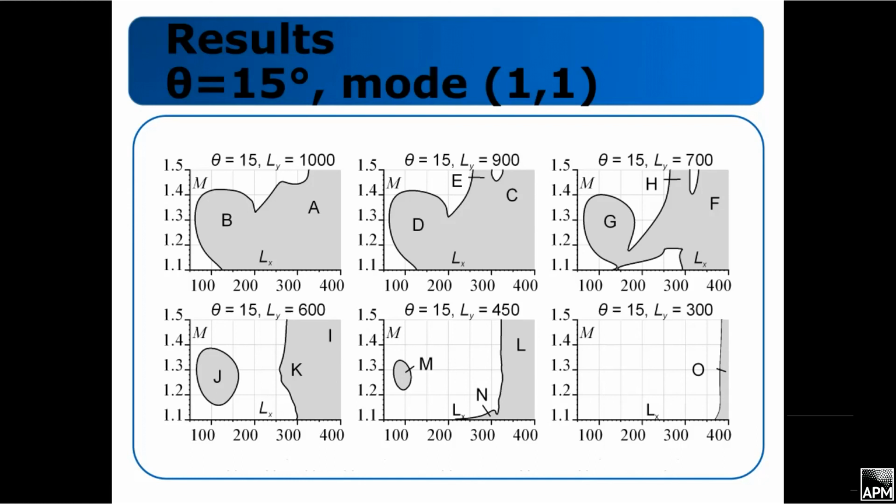There are regions of single mode flutter, regions B, D, G, and M, and regions of coupled mode flutter caused by interaction of two modes, A, C, F, K, L, and O, and additional regions of flutter that are caused by the interaction of three or more modes, E, H, K, and N.